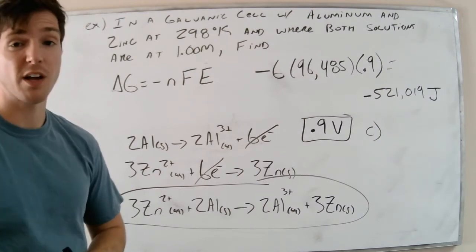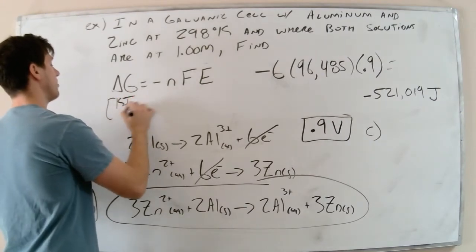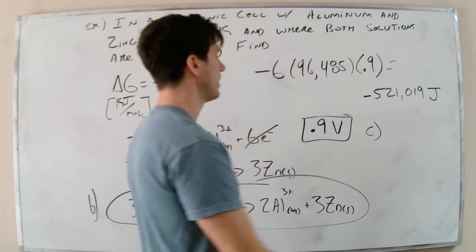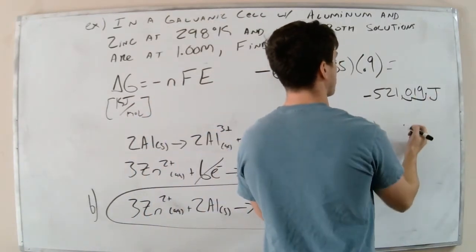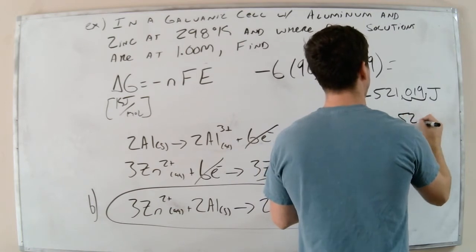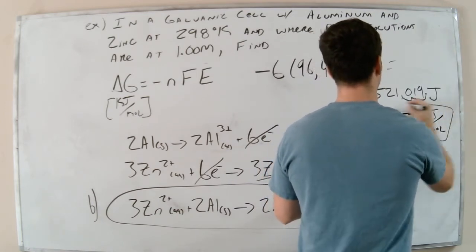Well, I don't want joules, right? Remember that delta G is in kilojoules per mole. So let's change this to kilojoules per mole, and that's just moving the decimal over 3 times. So it'll be -521 kilojoules per mole.